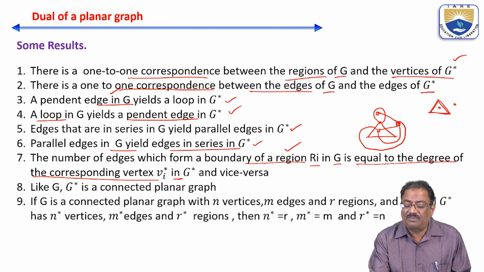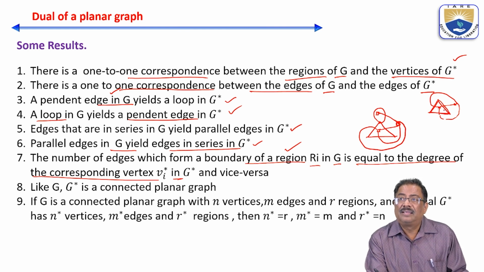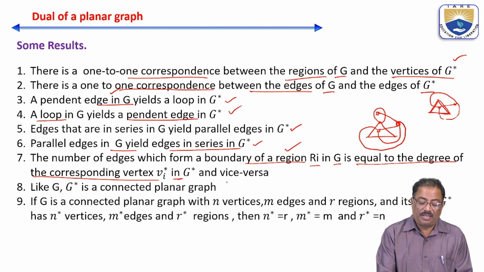Let us say the vertex edge is crossing once, and this is crossing once, and this is crossing once. So corresponding to this region, if you construct any one vertex, then the vertex degree is equal to the degree of that corresponding region. So here the degree of the region is 3. Then from this, if you get any vertex, the degree of the vertex is also the same, and it is vice versa.